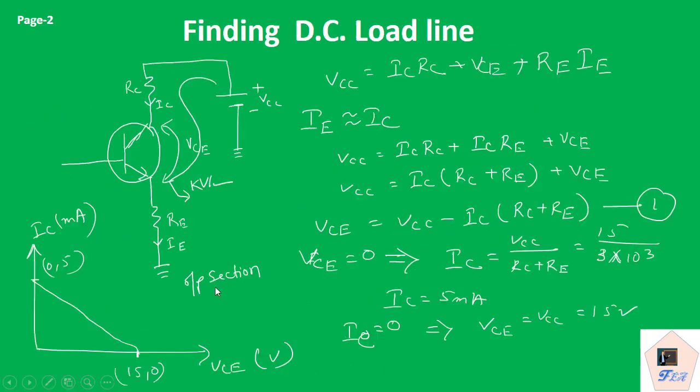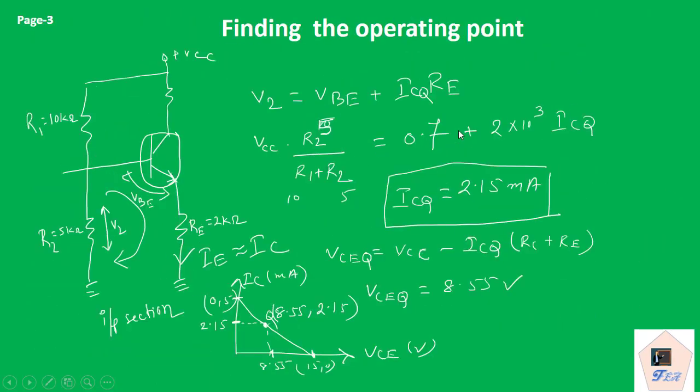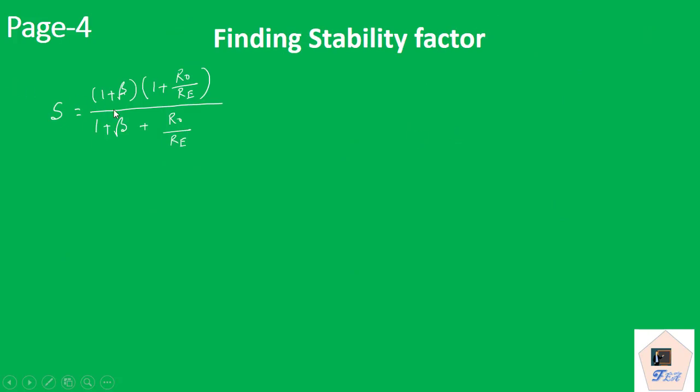Now the next question was to find the stability factor, and beta is given as 50. For the stability factor, earlier we saw that the stability factor for the self-bias technique is given by this equation, where R0 is R1 parallel R2.